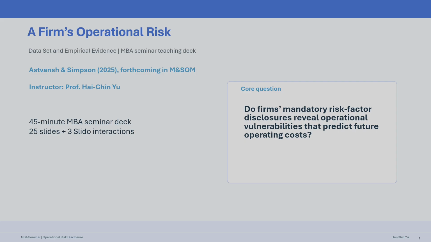Good afternoon, everyone. Let's continue to discuss this paper, the firm's operational risk. The core question of this paper is asking, do firms' mandatory risk factor disclosures reveal operational vulnerabilities that predict future operating cost?